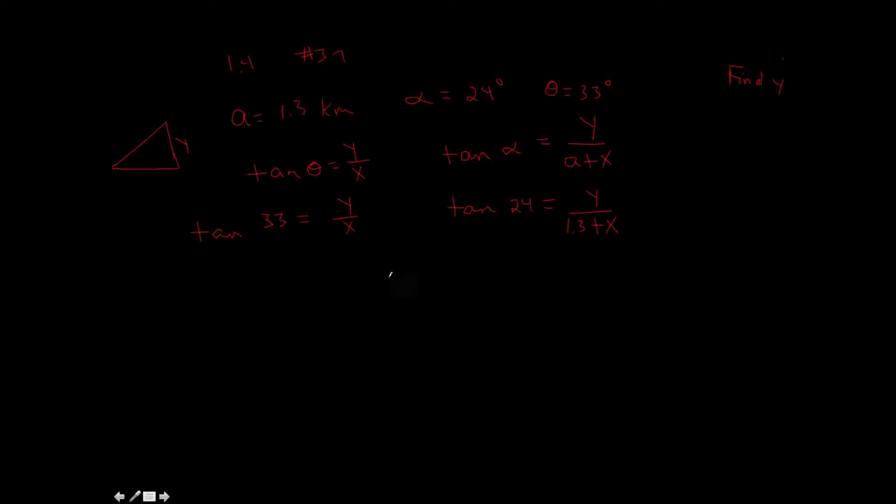Now, since we're trying to solve for y, if you remember from college algebra, we have a system of equations here. We have equations in two variables, but we're only trying to solve for y. So we need to get one of these equations in one variable.